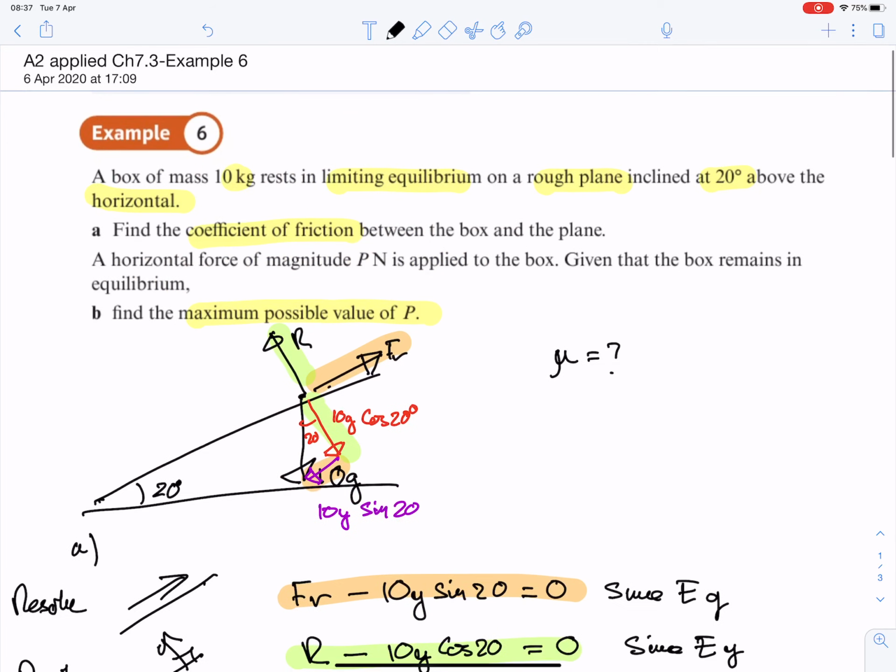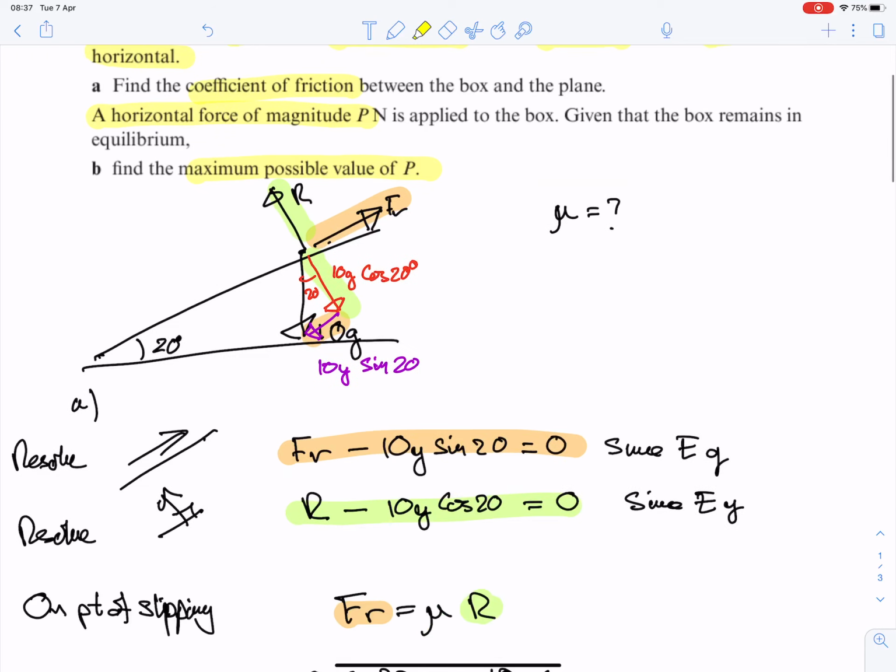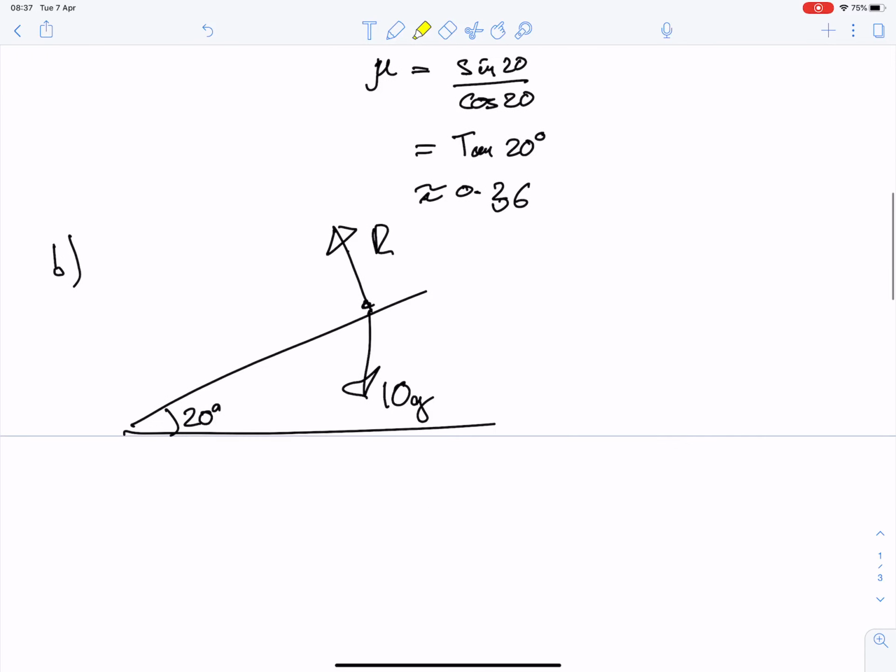Hang on, we're told the direction of P. P is applied to the box, giving the box a horizontal force. So horizontal force P is applied to the box. That's got to be here, horizontally, P.